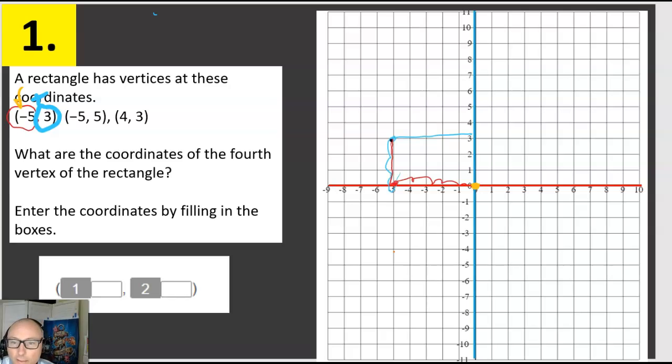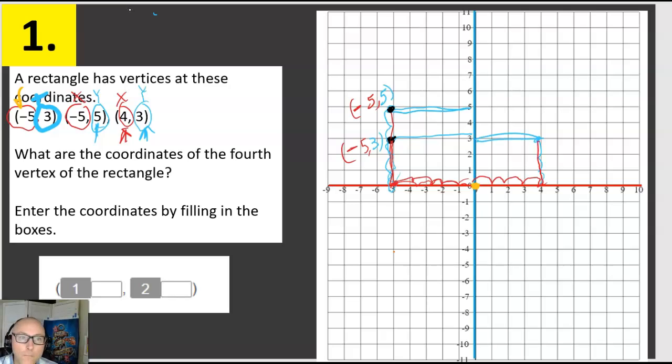Let's plot that in black. And I'm going to do the next 3 really quick. Okay.